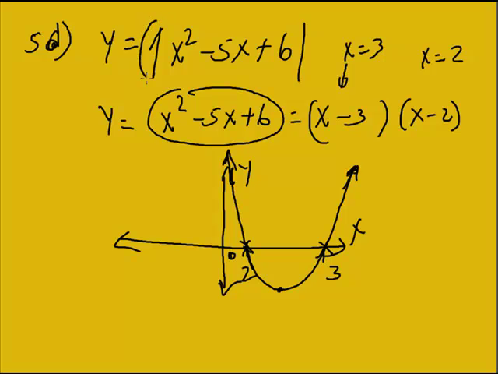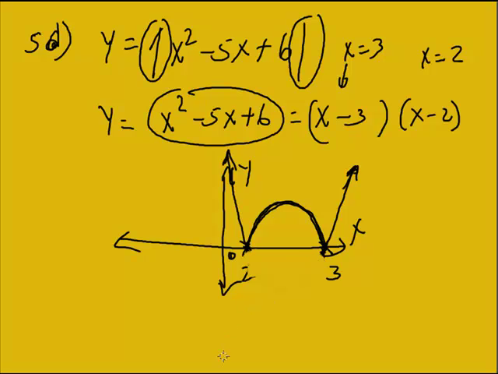Well, what does absolute value mean? Absolute value means everything has to be positive. That means this part that I have here, which is below the x-axis, since that's negative, that's got to become positive. So it's got to jump up and become positive. So it switches, and it opens down now. So that means I no longer have this part right here.